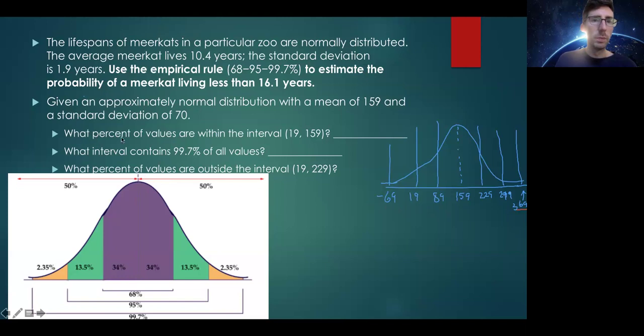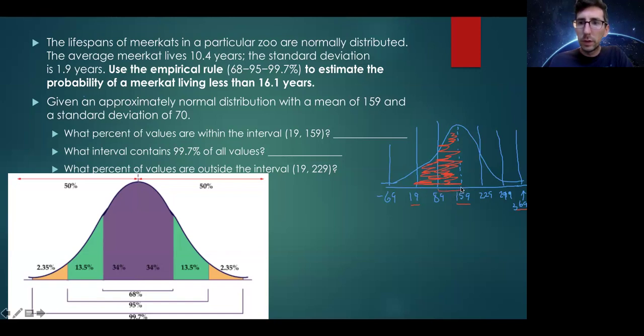So our first question is, what percent of values are within the interval 19 to 159? So this is the first time we haven't seen just a less than or greater than, right? Now it wants to know the percent of values within 19 to 159, which is fine. We can answer this as well. Here's 19. Here's 159. That's just our mean, right? So it wants us to find the area under this section of our curve, from the mean to 2 standard deviations below.